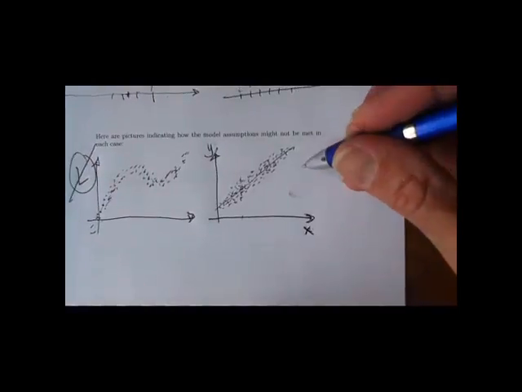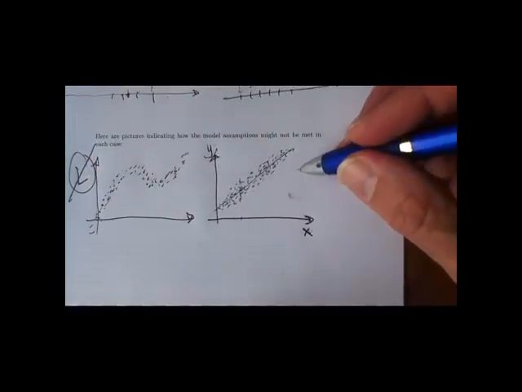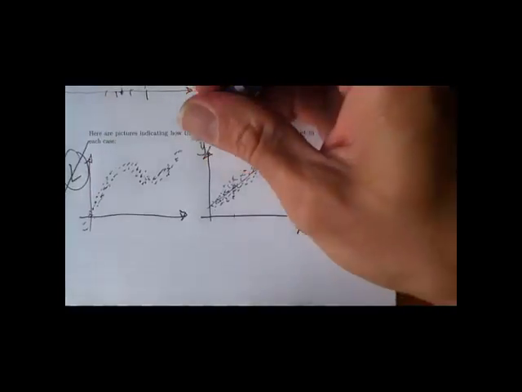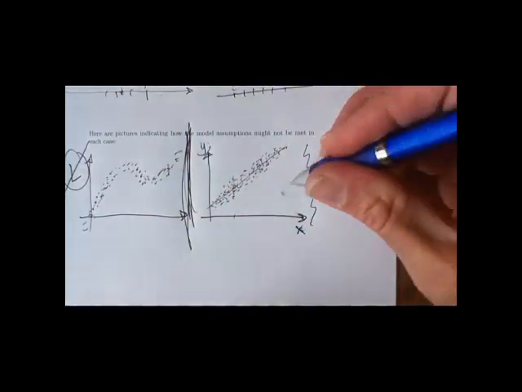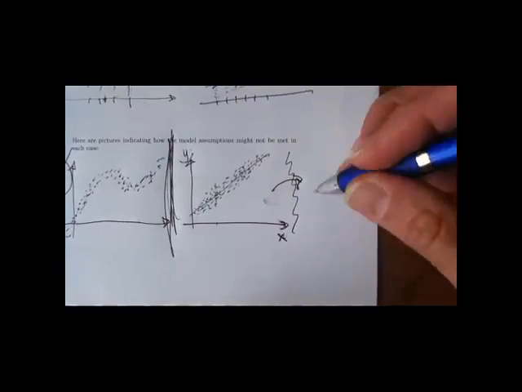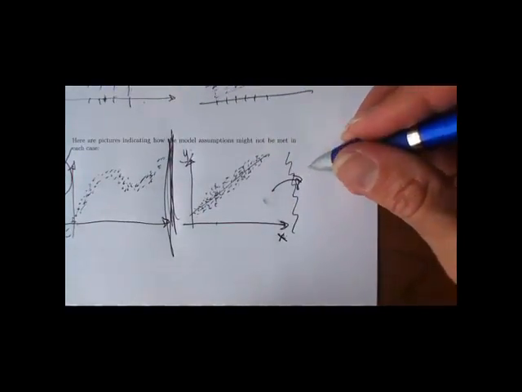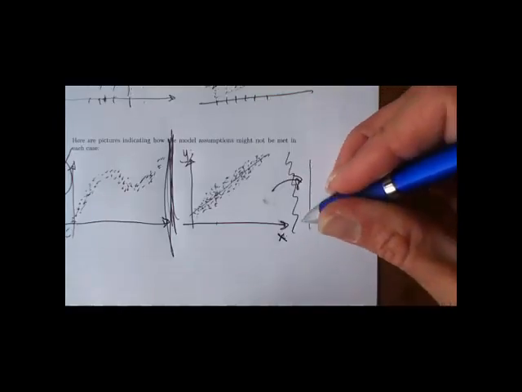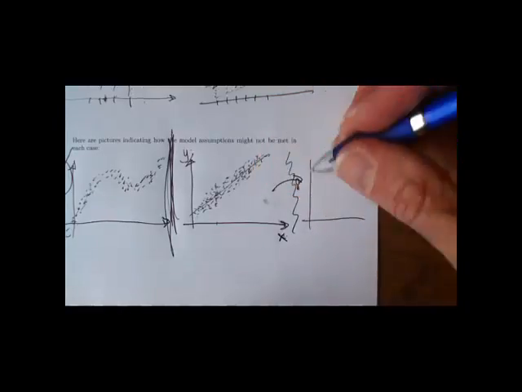However, maybe there's some hidden variable in here. Maybe there's another variable like time. What if instead I tracked the response or looked at the residuals? Residuals are the errors off of the regression line.